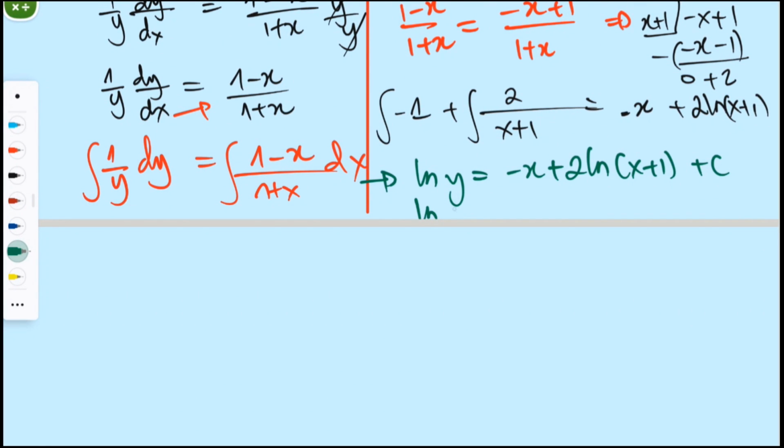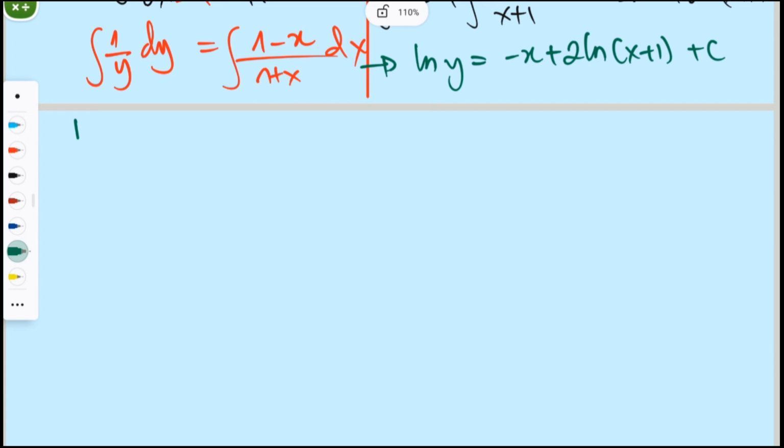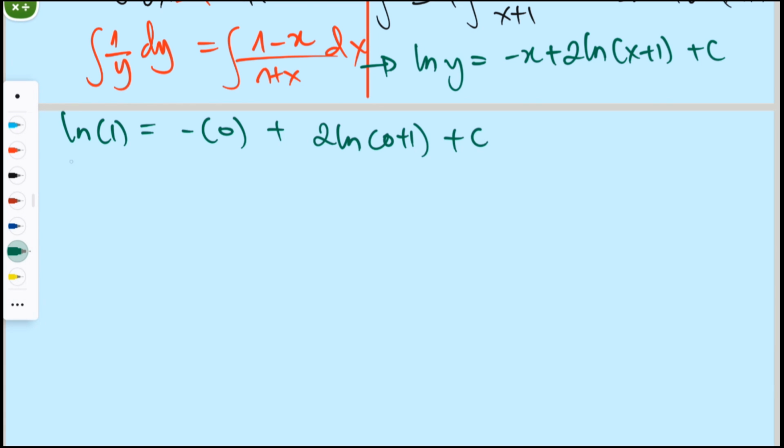So natural log, okay, there's not enough space. So natural log of 1 should be equal to negative 0 plus 2 natural log of 0 plus 1 plus c. Natural log of 1 is always 0, 0 plus 2 natural log of 1 plus c.